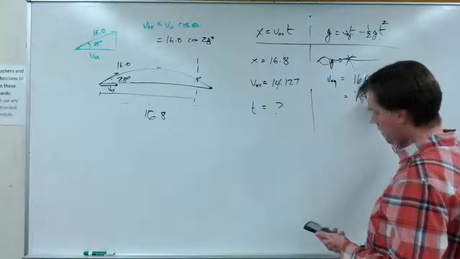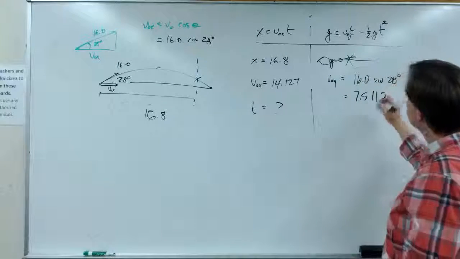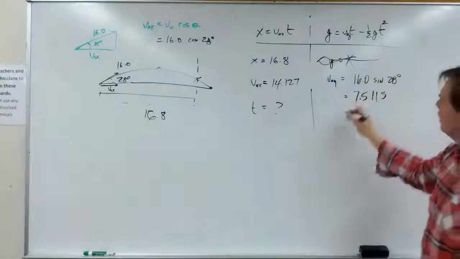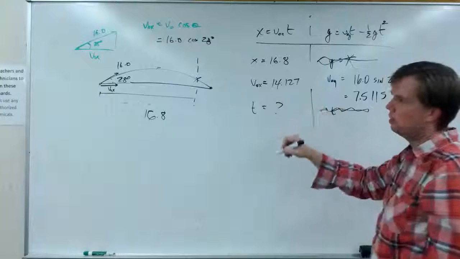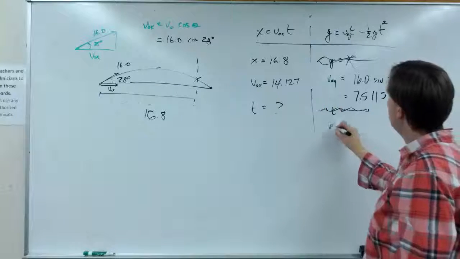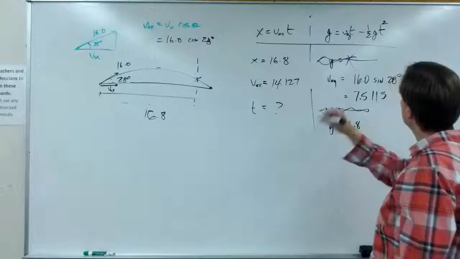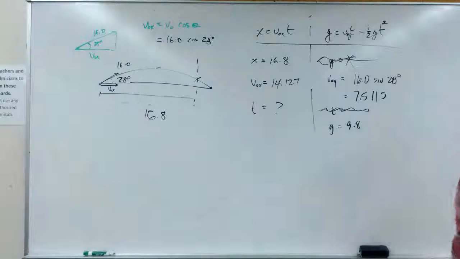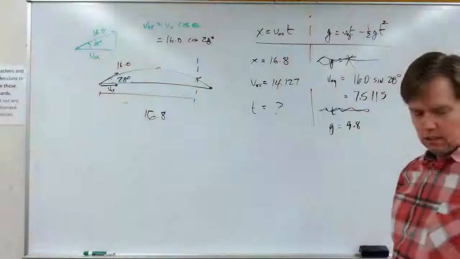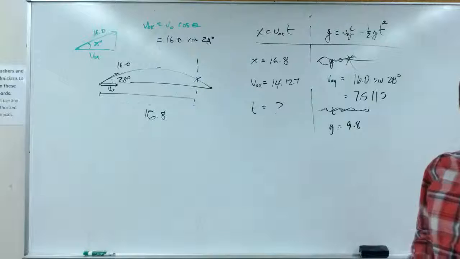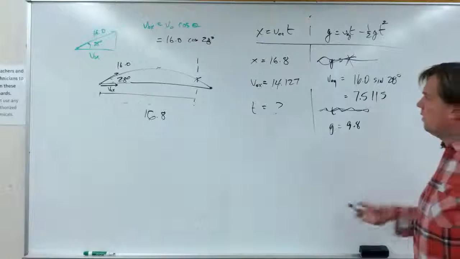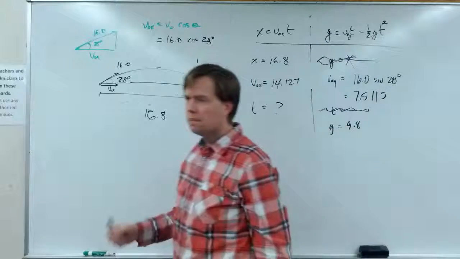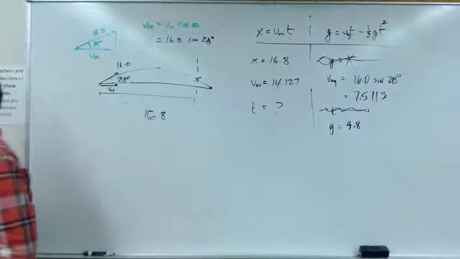We get 7.5115-ish. Again, t, don't know. g, my good friend, 9.8. All right. I think I've exhausted what I know from the problem. The only thing that jumped out at me was probably I can figure out t. Let's step back and look at the question again.